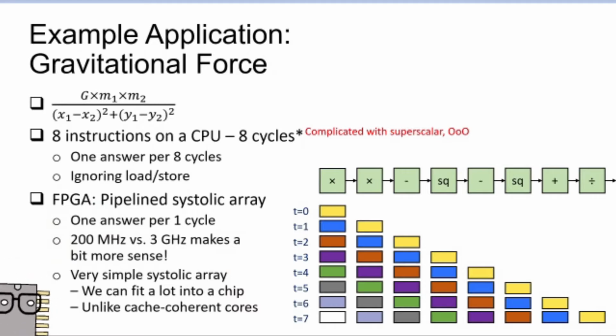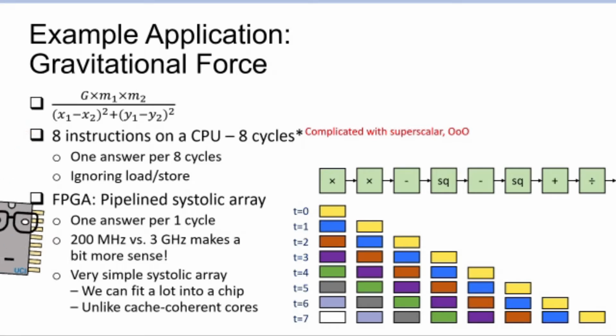Cache coherent x86 processors right now typically come with something like 4, 8 threads with hyperthreading, at least for desktop class stuff. Whereas on FPGAs, a multiplier takes maybe 1 or 2 DSP blocks, and even the small FPGA I showed just now has something like over 100 DSP blocks. So we can fit a lot of these pipelines into even a relatively small, modestly sized FPGA. If you look at just the flop count or ops per second count, per ALU, you would get 1 op per cycle.